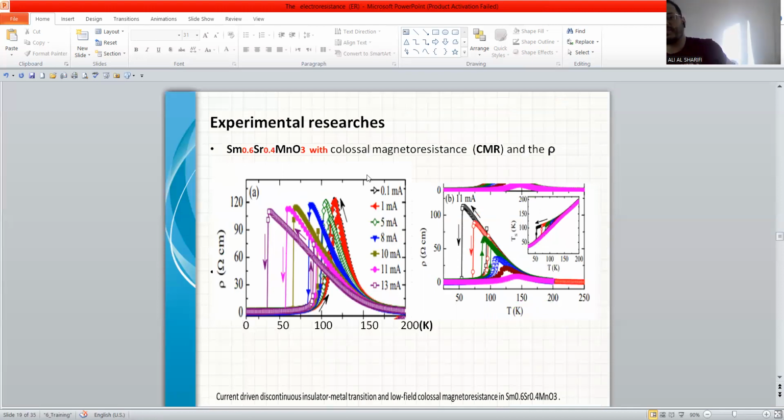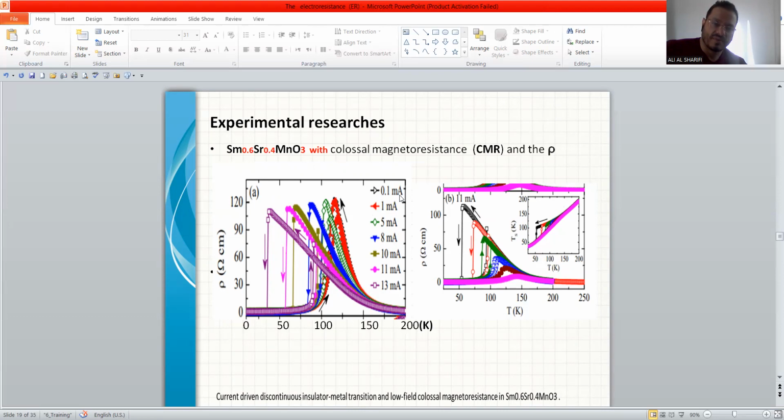Here is another example, these 2 plots. The hysteresis phenomena is very clear here because of the huge distance between the original one and the upper one. Here, by applying different amounts of current, starting from 1.1 milliampere until 13 milliampere, from approximately 0 to 200 Kelvin.